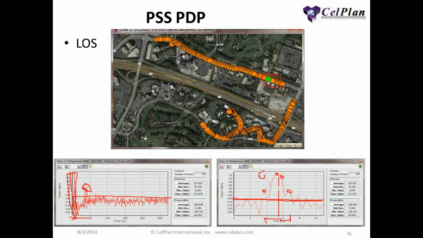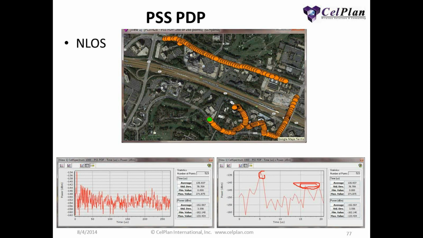And you can see that we have some multipaths that are 15 to 20 microseconds away. They are basically 10, 12, 13 dBs below. So probably this will recommend an extended cyclic prefix.